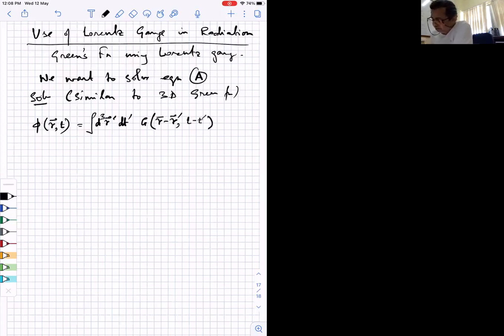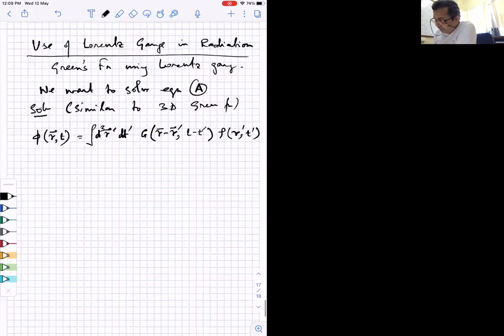Then I have the charge density, which previously was just r prime, and now also has t prime. So this is a straightforward 4-dimensional extension of the 3-dimensional solution. Now my charge can change not only with position but also with time, and so the potential at some other point will also change with time.